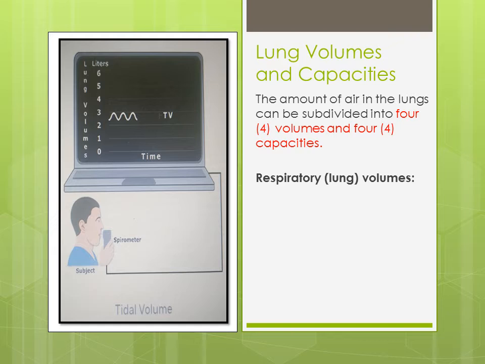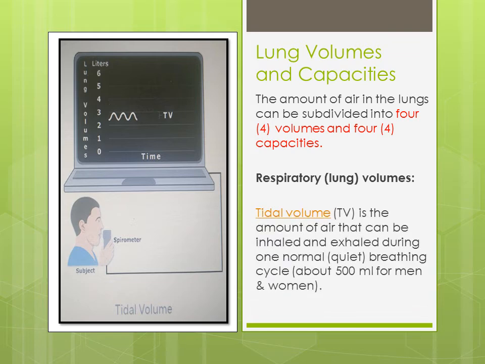the lung volumes marked in liters from 0 to 6, and below we have the timing. So it shows how many liters you have got in the tidal volume inspiration and the tidal volume expiration with respect to the time given.